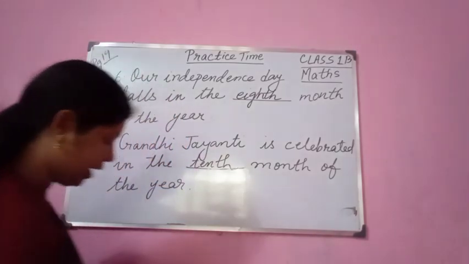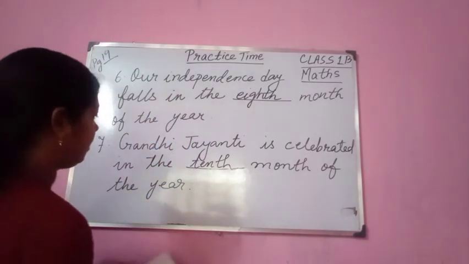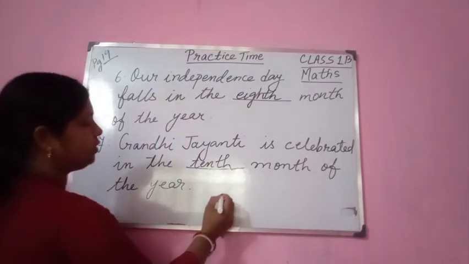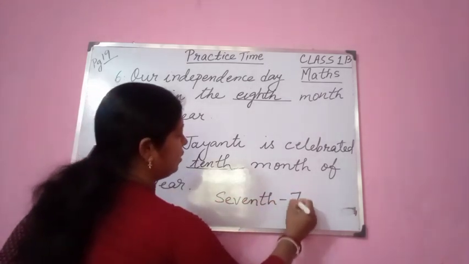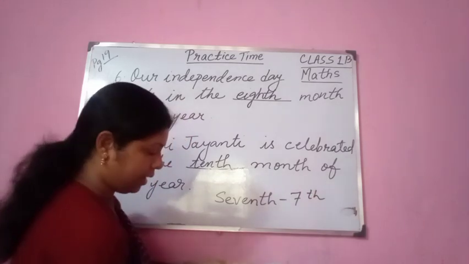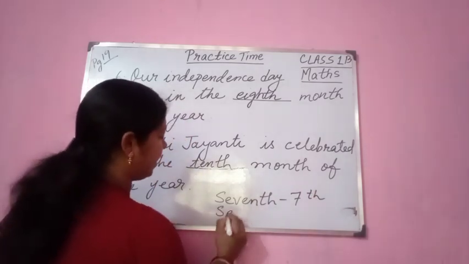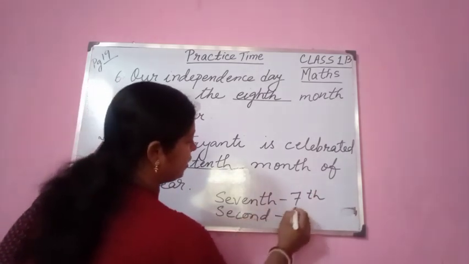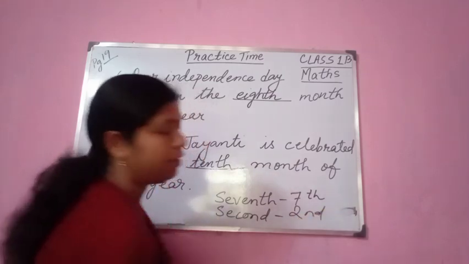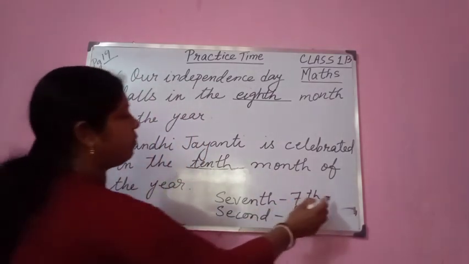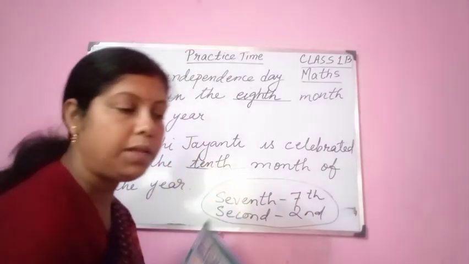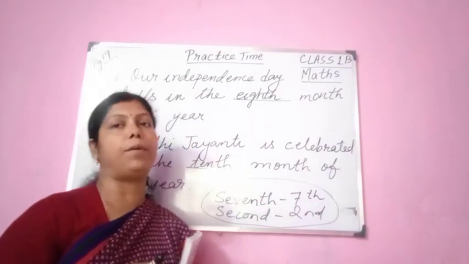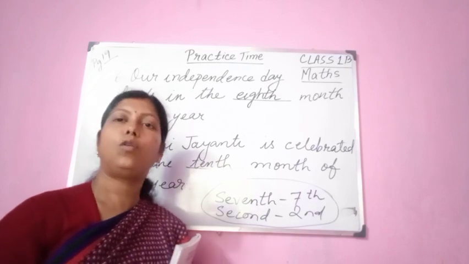See, 7th is given here, 7, you just match it. Then 2nd is given there, straight matching. This is known as straight matching. You can do it in this way. Alright, students, please do this. We have completed lesson 2, ordinal numbers. Okay, thank you.